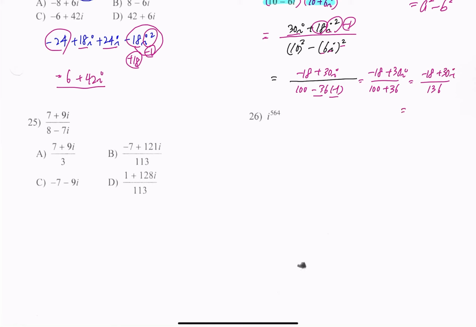All of these numbers are even numbers, so you can divide all of those three numbers by 2. Right, so 136 divided by 2 is 68. Negative 18 divided by 2 is negative 9. 30i divided by 2 is 15i. All right.